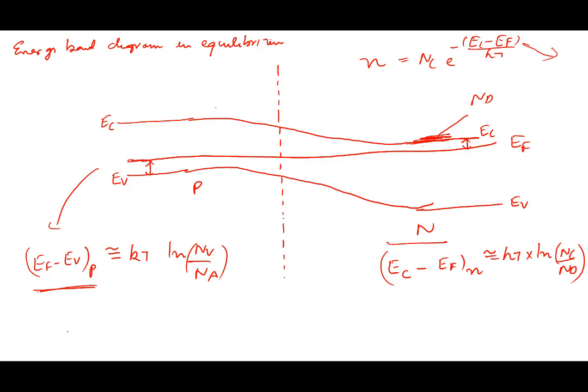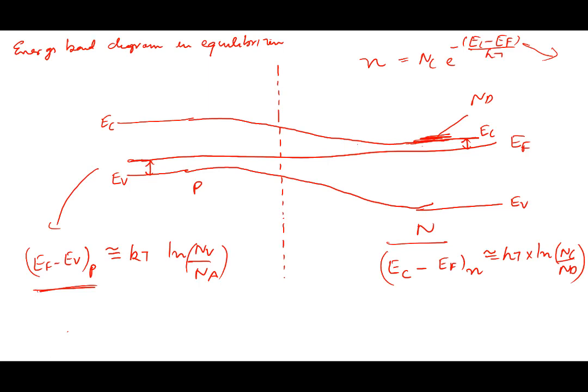Very quickly it will start to reduce, exponentially, as you go in. So the electron density is becoming smaller and smaller. Now, do you know the electron density here?